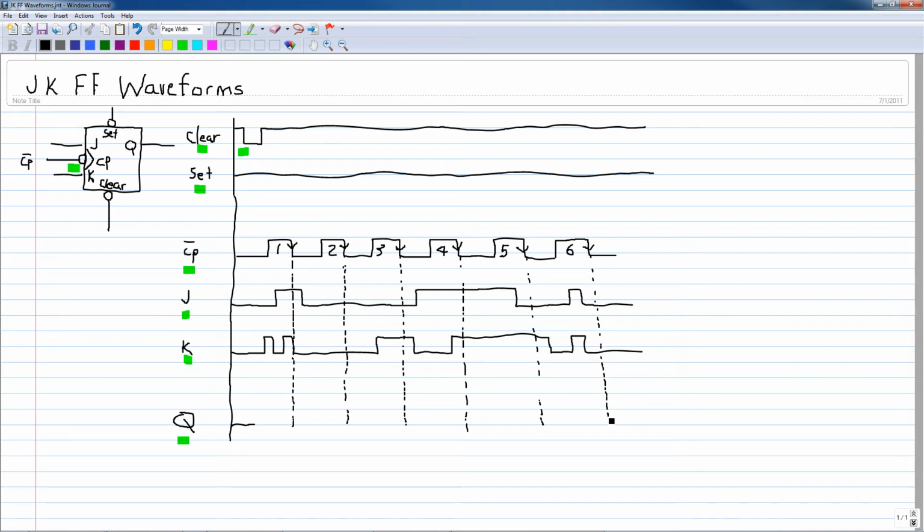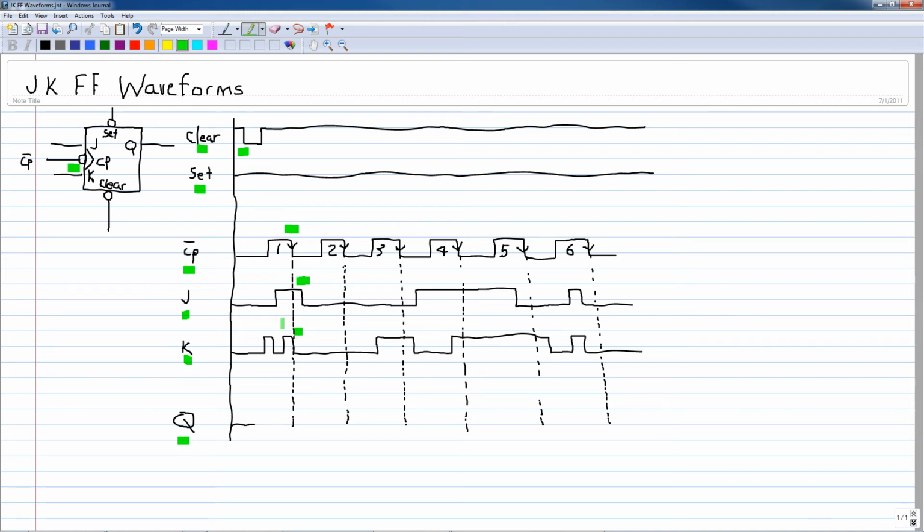Now that we have specified when the clock takes effect, we can go back now and look at the condition of the J and K inputs and how they would affect the Q output. For example, on the first clock pulse here at 1, we notice that J is high, or 1, and so is K. Both of them are 1.